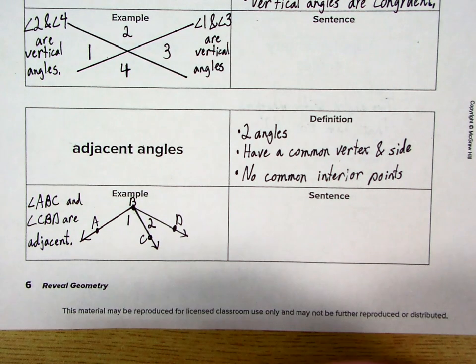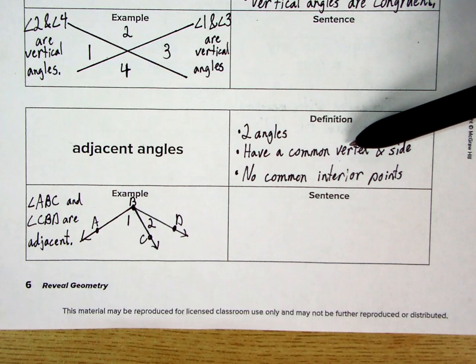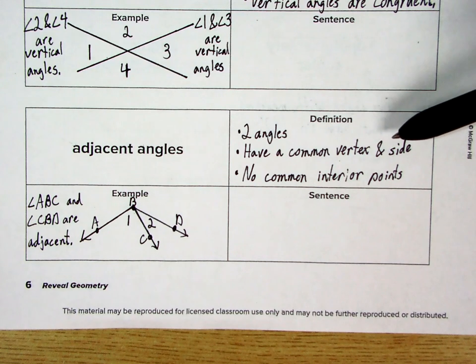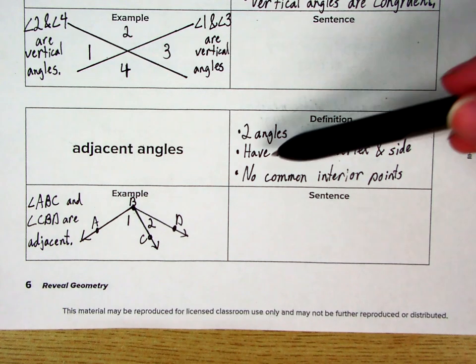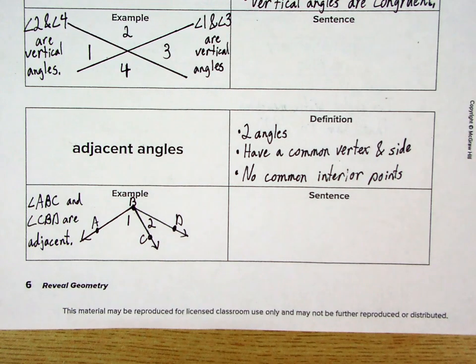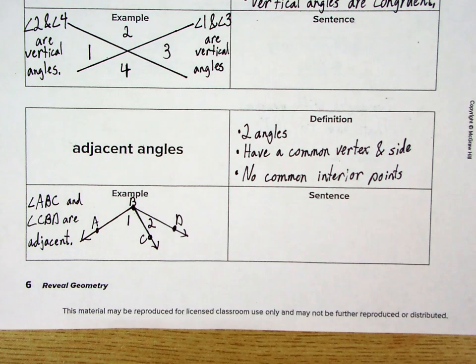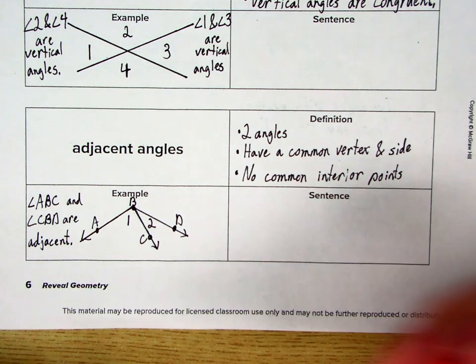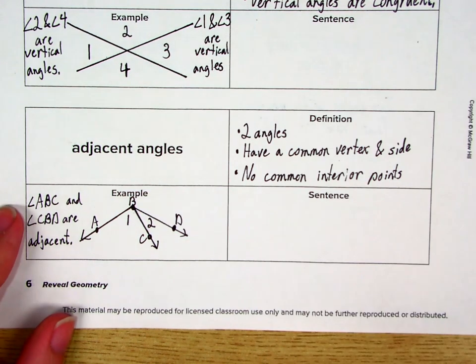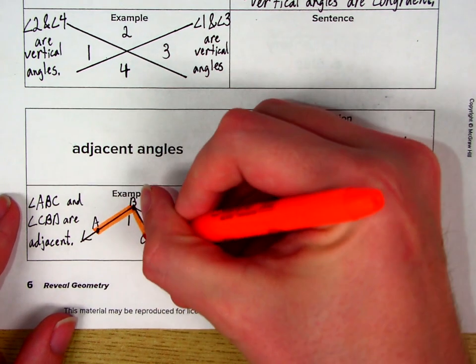Our definition for adjacent angles is two angles that have a common vertex, a common point, and share the same side, and they have no common interior points. We can sort of see that here in our picture. ABC and CBD are supposed to be adjacent. ABC is one angle.